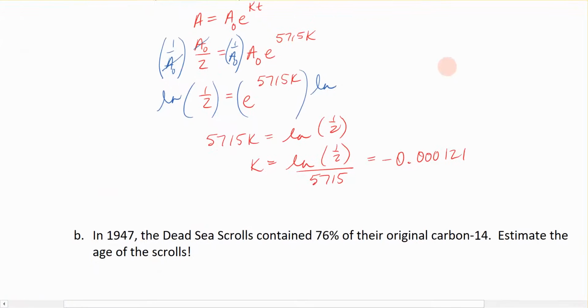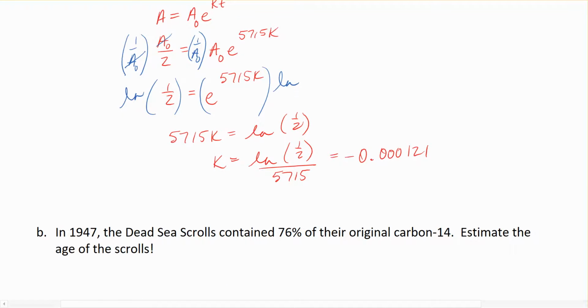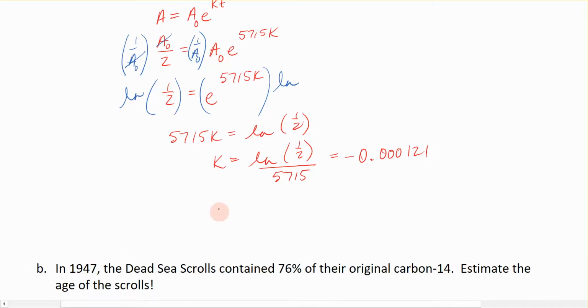The model is going to be A equals my original amount, A naught, e to the negative 0.000121t for any time t. And that's the model representing carbon-14.